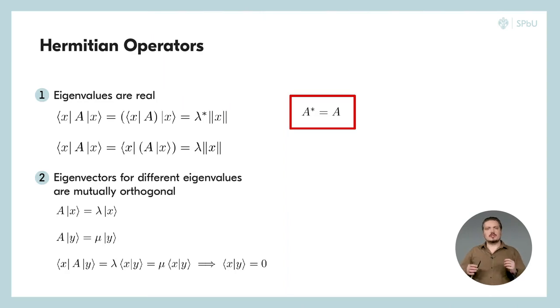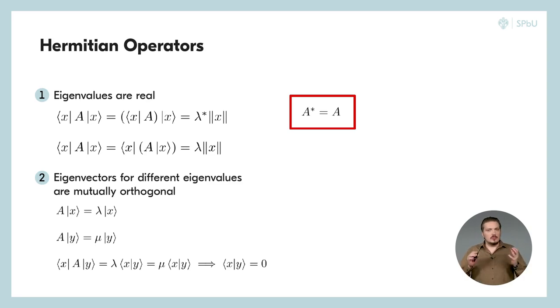The eigenvalue equation is a powerful instrument for operator analysis in general. But from now on, we are going to concentrate on a very special case. We will consider only finite-dimensional spaces, which we deal with when we consider qubits, and we are going to examine only Hermitian operators.